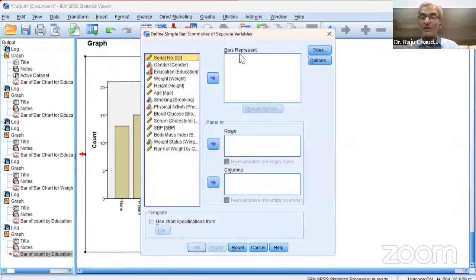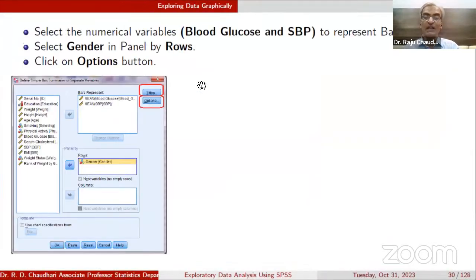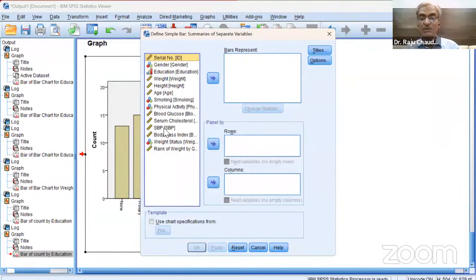Define. Now, what does the bar represent? That bar represents the average values, and we have to panel by gender. So I select blood glucose, then SBP.